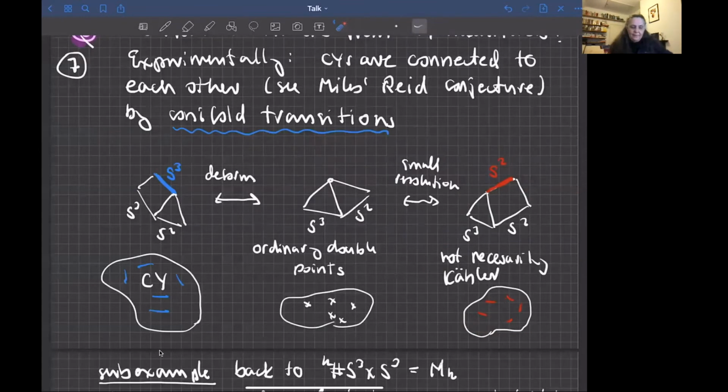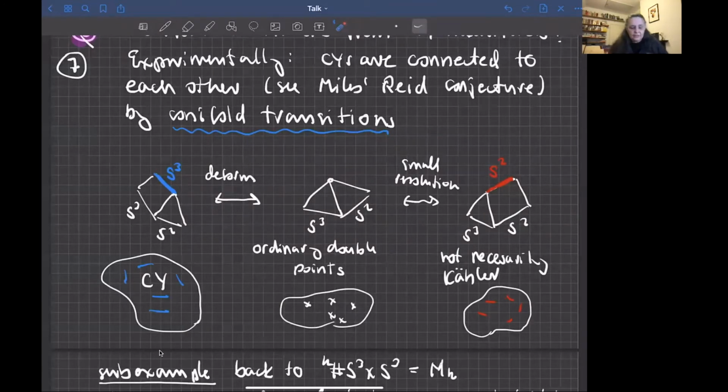This is a very technical point. You have to alienate the small resolutions and do a number of flops in such a way that you actually get a Kähler manifold. But generically, you get a manifold that is not necessarily Kähler, right? And in fact, this manifold is balanced, right?